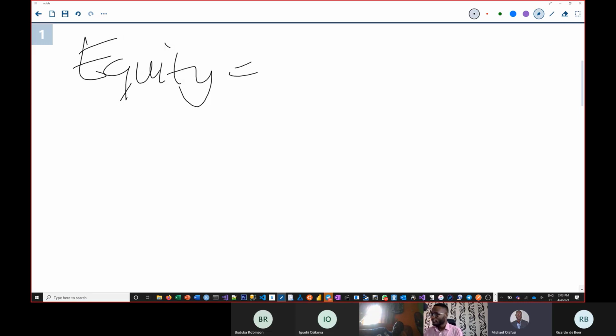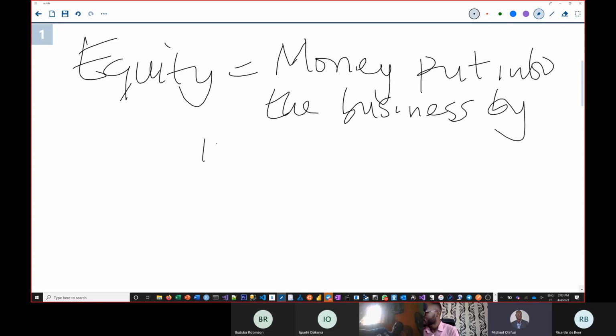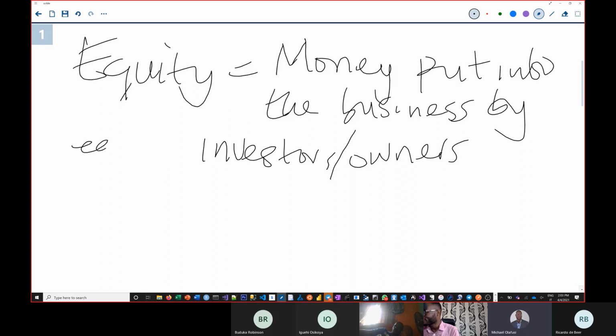Equity is purely the money put into the business by investors. Or which I'll put owners. But then, just to be technically correct, I'm going to just say equity investors.